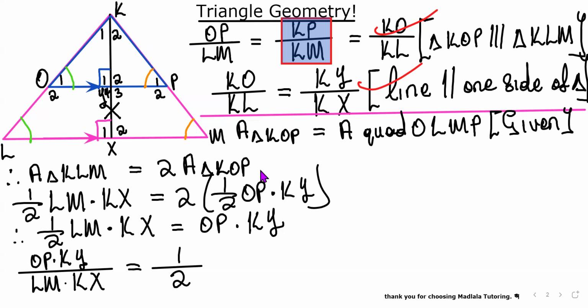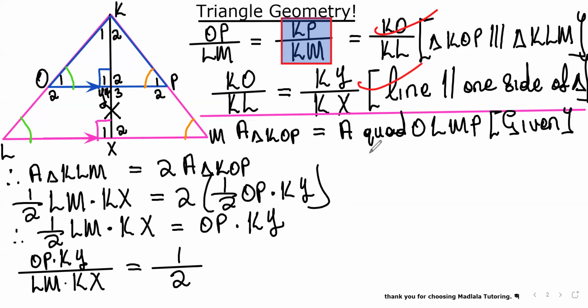Okay, so what? We remember the rememberables. And what are those? Well, this is what we know. We know that every time we see OP over LM, we actually see KY over KX. That's what we proved above. Do you remember that? Yes, we proved that KY over KX equals OP over LM.